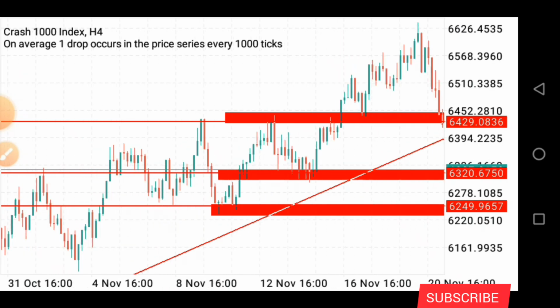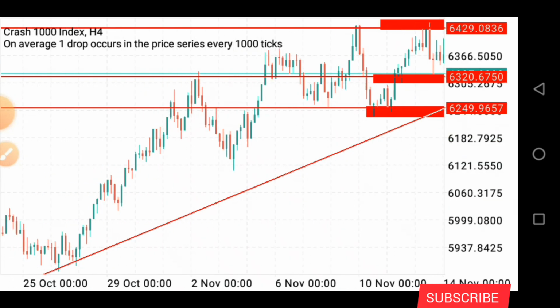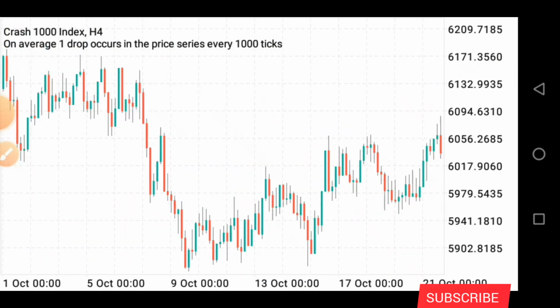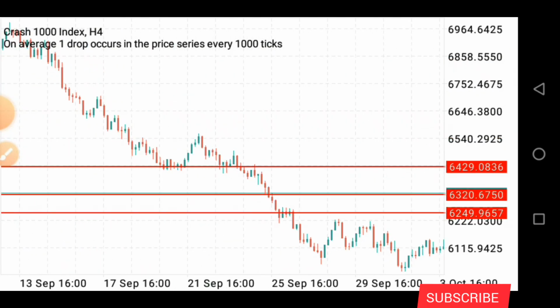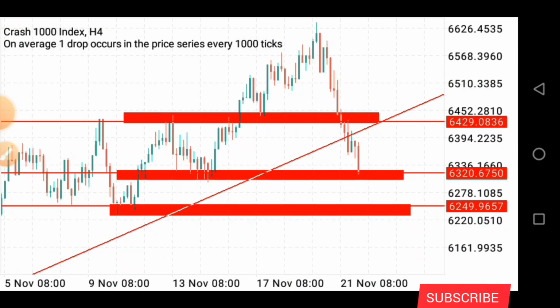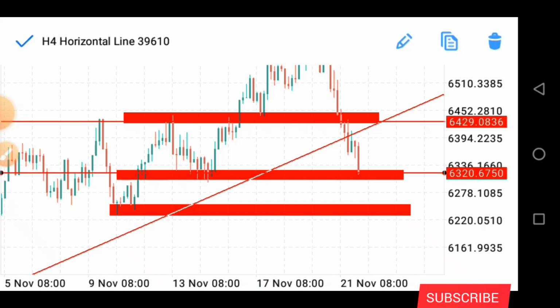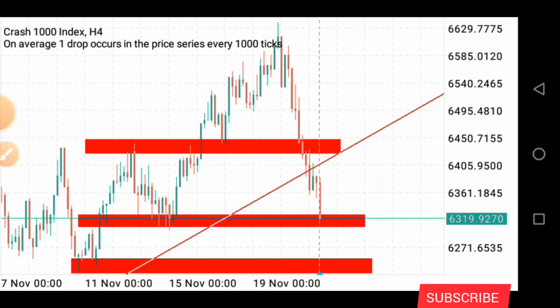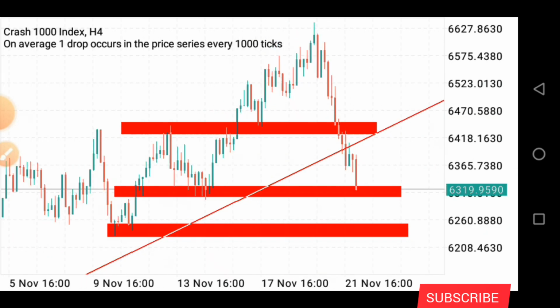As you can see guys, these zones are tested multiple times, so it's a valid zone for me to take my entry from, right? After marking it out like this, I'm going to delete the trend line, the support and resistance line. I don't need it anymore. So this is what I do.